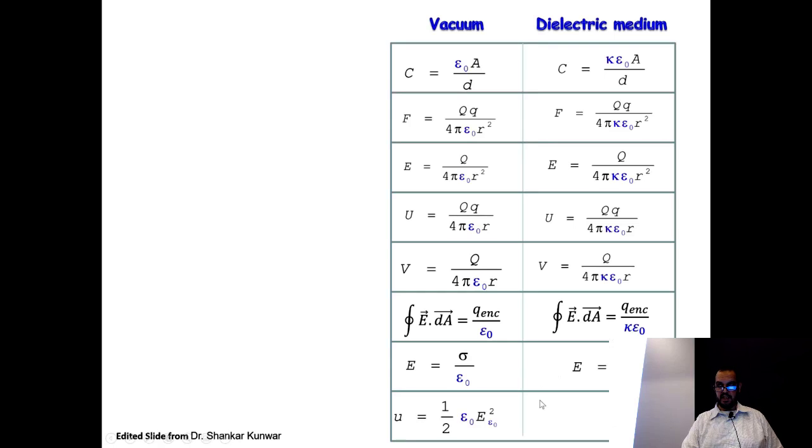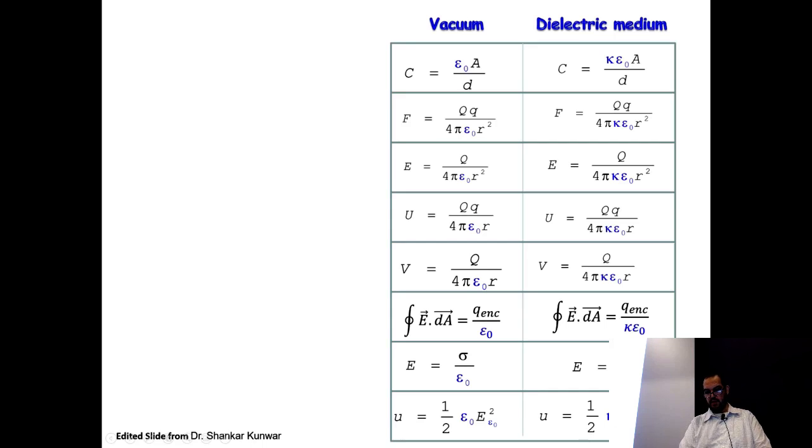And last but not least, the energy per unit volume, or the energy density, we said it's 1/2 epsilon 0 times the magnitude of the electric field squared. It becomes 1/2 kappa epsilon 0 times the electric field squared. Remember, the electric field is also a function of epsilon 0. For example, the electric field outside the conductor, in air it's sigma over epsilon 0, but in a dielectric material it's sigma over kappa epsilon 0.